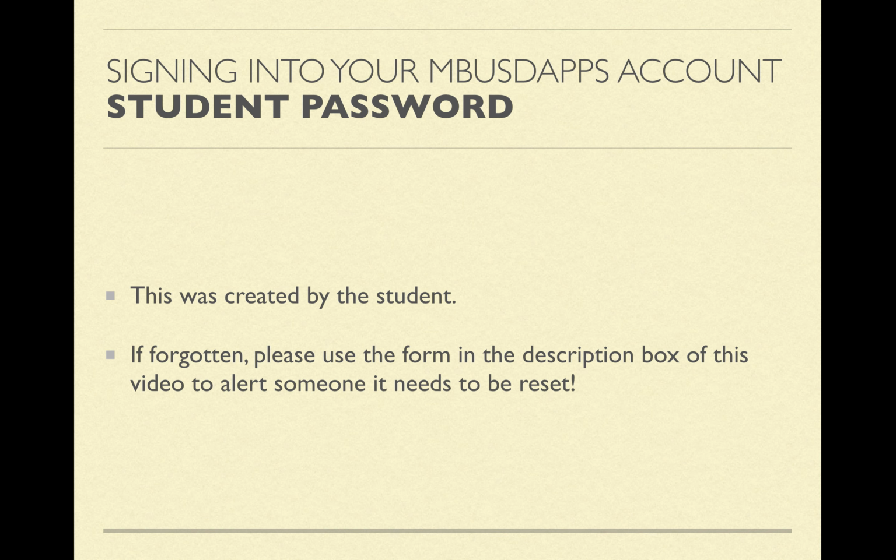If they can't remember their password, you can use the link in the description box below of this video to complete a form, and someone will reach out to you when your password has been reset. If your password has already been reset, you would log into your Google MBUSD Apps account like I previously mentioned, and the password would then be provided for you. Then you will be prompted to reset that password to something that's more secure.